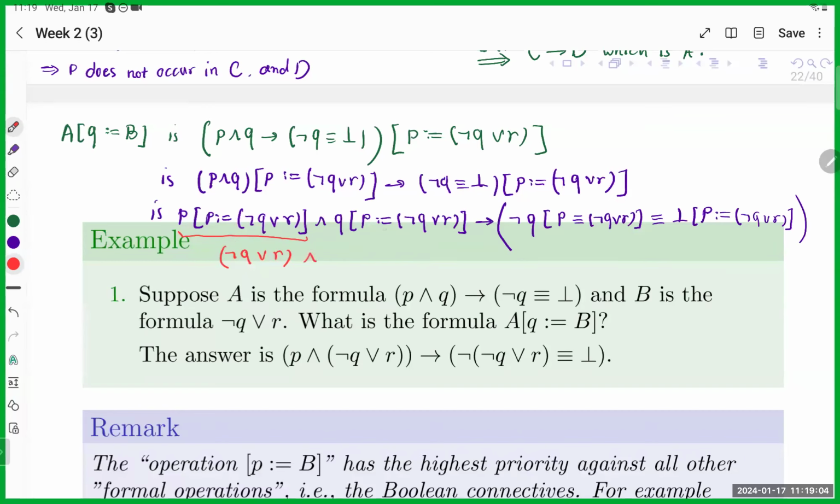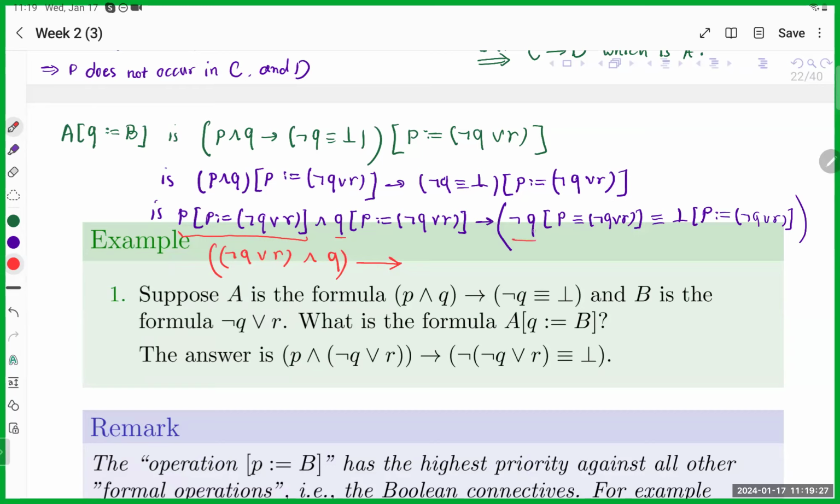And what is this? In Q, substitute P with something. P does not occur. Q is atomic. I know the result of this is just Q. Note that the priorities of brackets tell me where the brackets are. Now this implies, what is this?